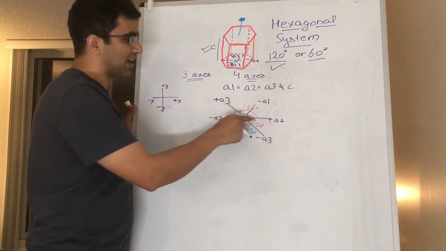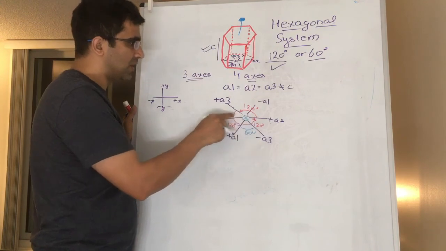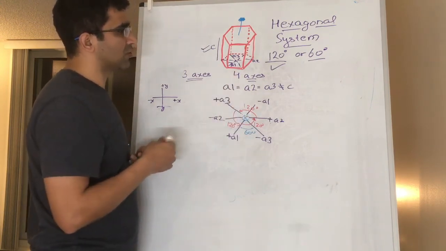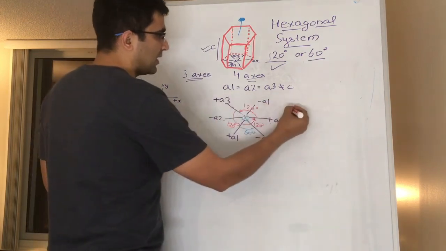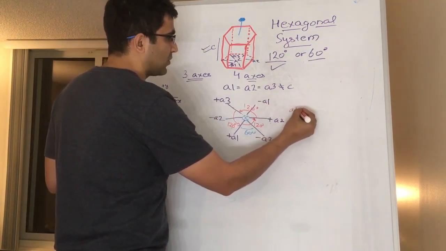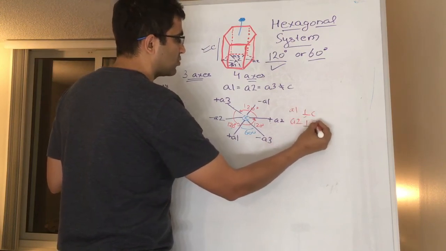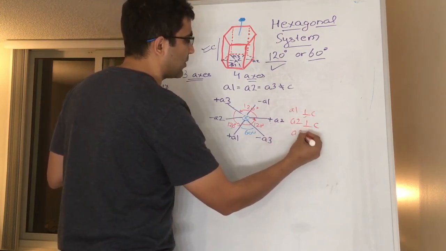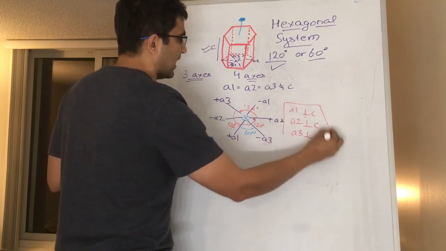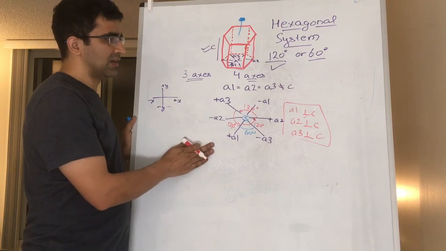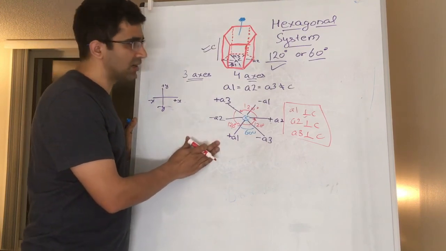But strictly speaking, the angle between crystallographic axes is 120 degrees, and all of these are perpendicular to the C axis. So A1 is perpendicular to C, A2 is perpendicular to C, and A3 is perpendicular to C. This is the way we define the crystallographic axes for a hexagonal system.